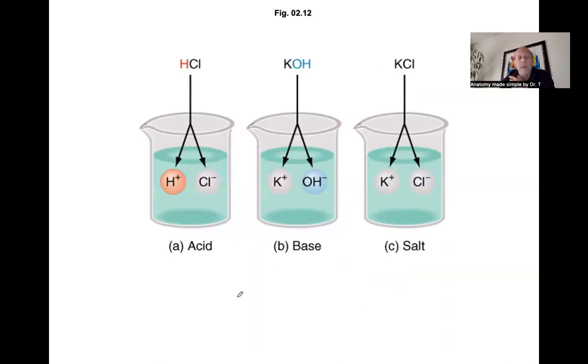Of course, it's not only table salt that dissociates within our body. Many other chemical elements would dissociate. What we consider table salt being a salt, a very similar idea we can see here with formation of potassium chloride instead of sodium chloride.